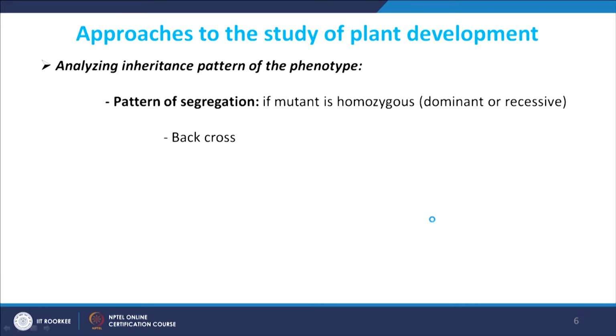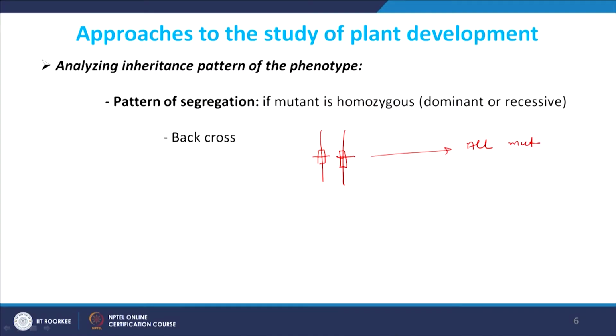Another case, how to rule out: let us assume that your original mutant plant is homozygous. If it is homozygous, which means that both the loci are mutated, then in the next generation, all the plants are going to give the phenotype, all mutants.